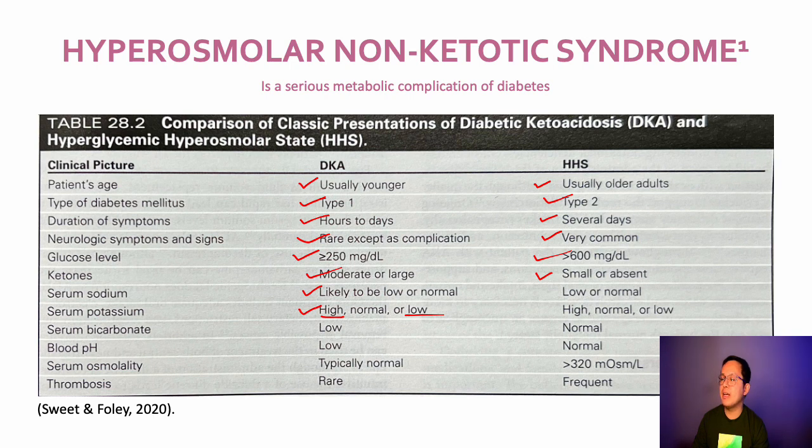We give bicarbonate to the patient with DKA. Blood pH is low, acidic, in DKA, and normal in HHS, since there is no acidosis. Serum osmolality is typically normal in DKA, and in HHS it is greater than 320 milliosmoles per liter. Thrombosis is rare in DKA. In HHS there is likelihood of thrombosis.